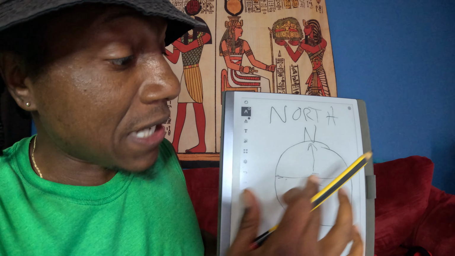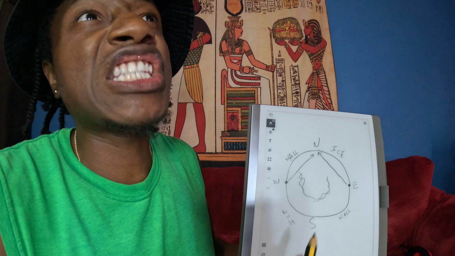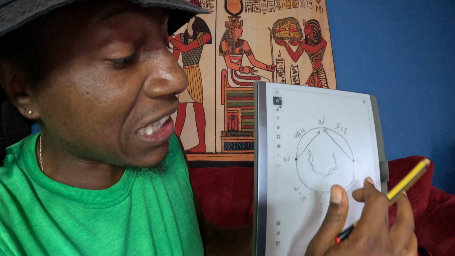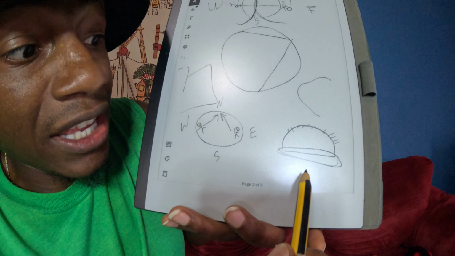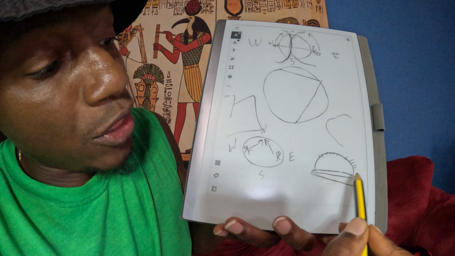Now, on the flip side, if we were on a flat plane, we would have to look at the plane like this right here. Let's say this is a dome, this is the sky, but the earth is flat.